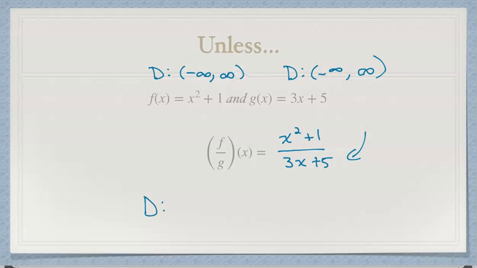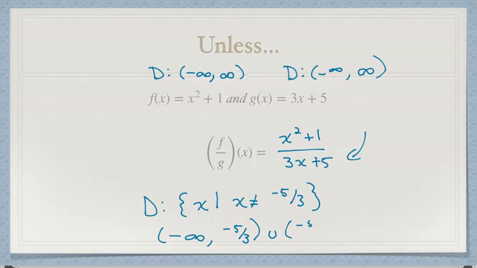In set notation, the domain of the new function is all the x's where x can't be negative 5/3, because that's the value of x that makes the denominator 0. In interval notation, it's all numbers up to negative 5/3, but not including it, joined up with all numbers from negative 5/3 to infinity.